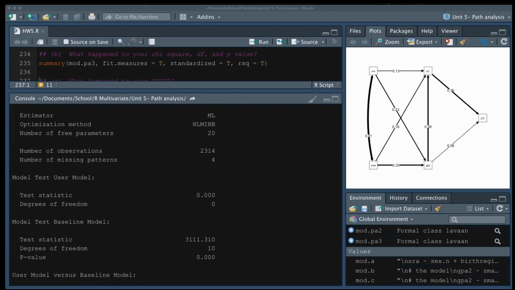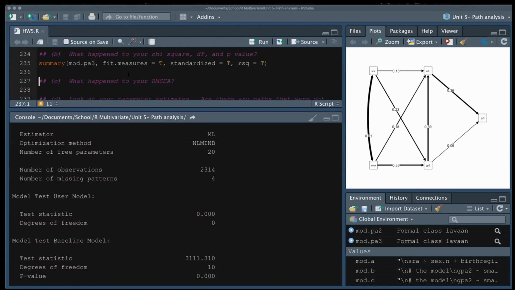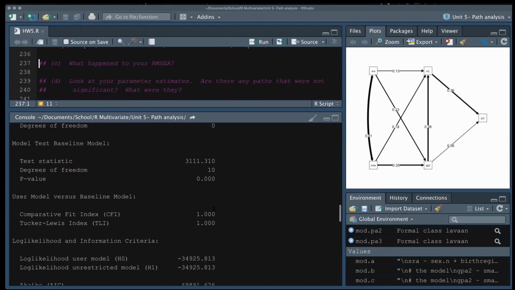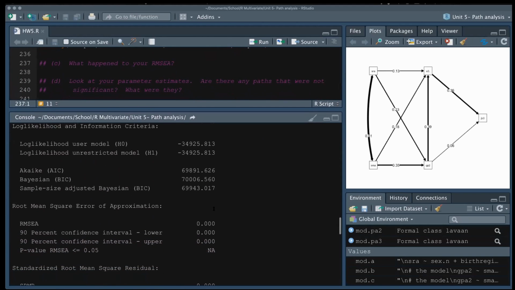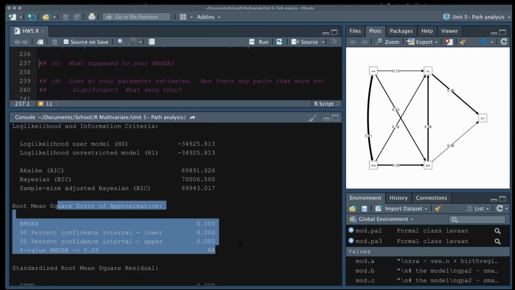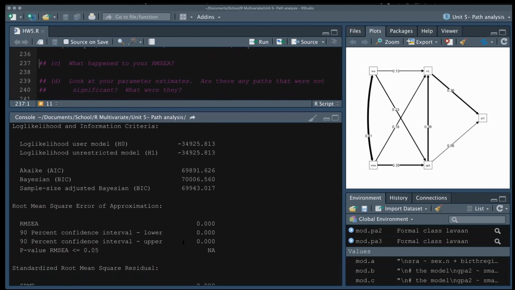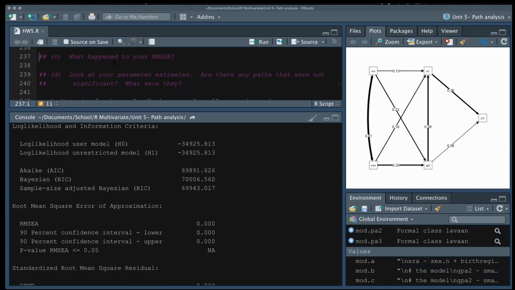Yep, so everything's zeroed out because now that we've made those additional connections, we're back to having a just identified model. So we have a perfect prediction in this case. Looking at our RMSEA, same thing happens here. It can't compute a p-value because you can't get an RMSEA on a perfectly fit model.